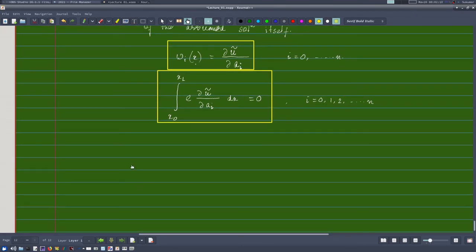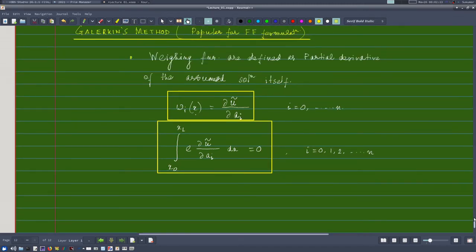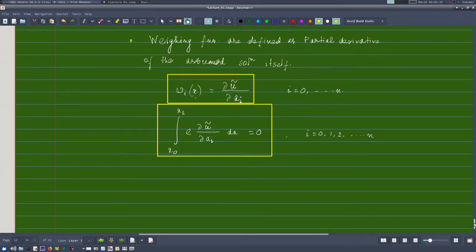All right. Now, in this method, how to handle the boundary conditions? Let us see that. How do we handle the boundary conditions? So, handling of BCs.